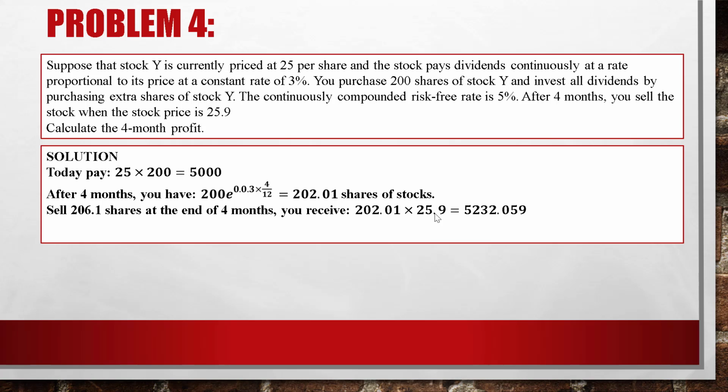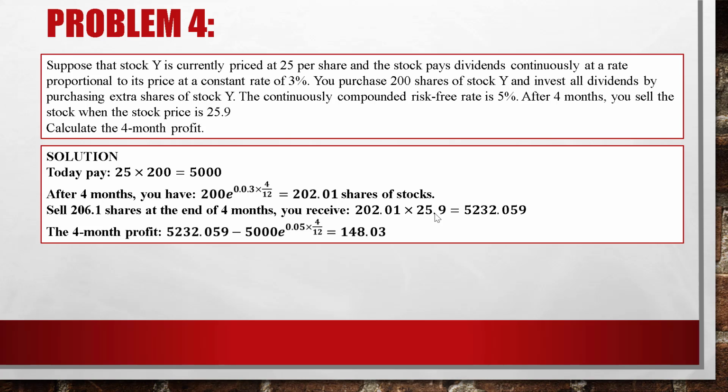So in order to do the calculation, we have to move them to the same time frame, either today or 4 months later. And the question asks for 4 months later, so we have to move them all to 4 months. So here, today, you pay 5,000.